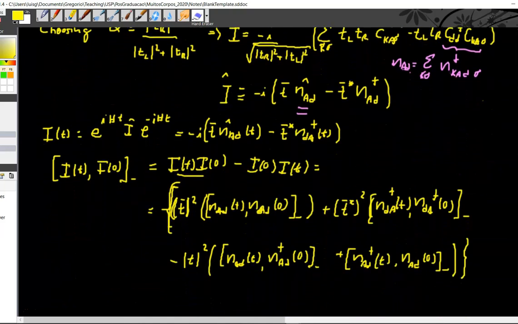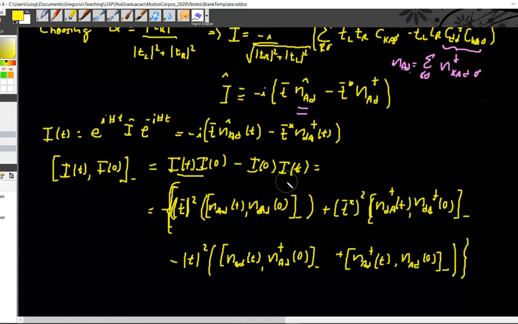Now, if we look at these first 2 terms, it becomes clear that when we calculate the expectation value of this, I should get 0. And why is that? So let's take a look. The point is that this doesn't conserve particles, the product of these 2.